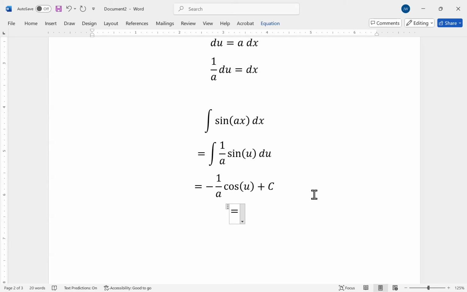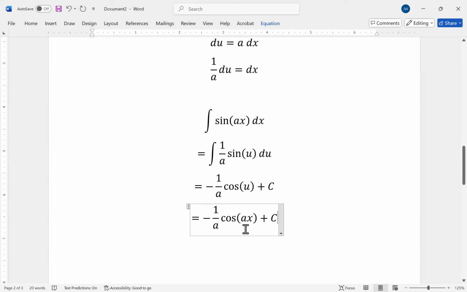Well, u, remember, was just ax. So we end up with negative 1 over a times the cosine of ax plus c. And that would be our final answer there.